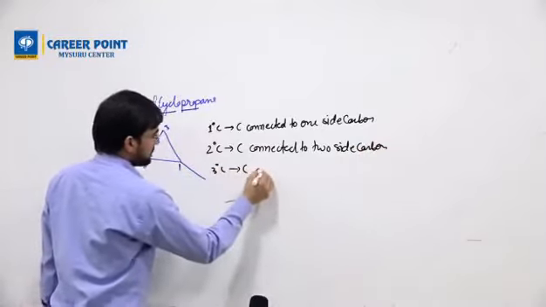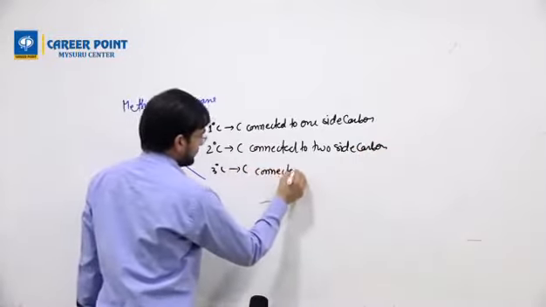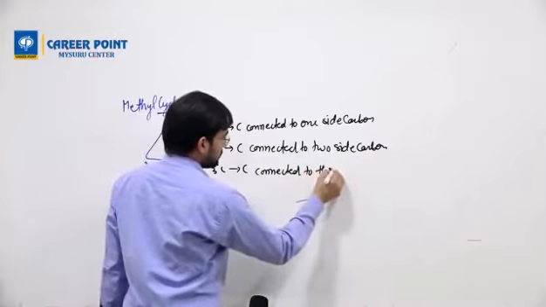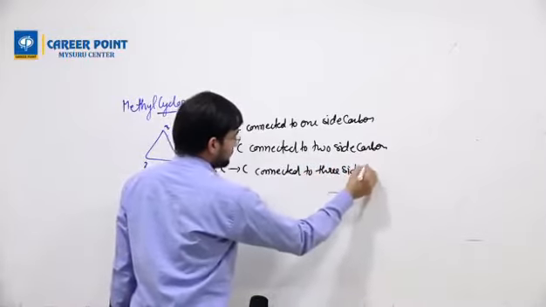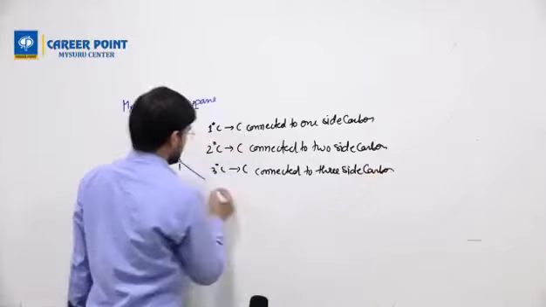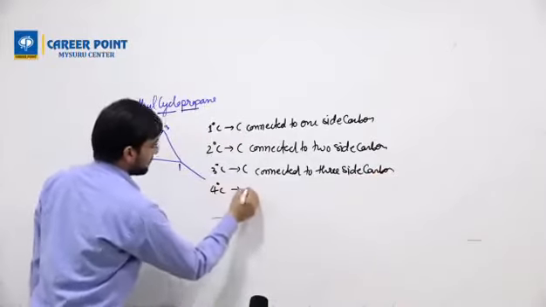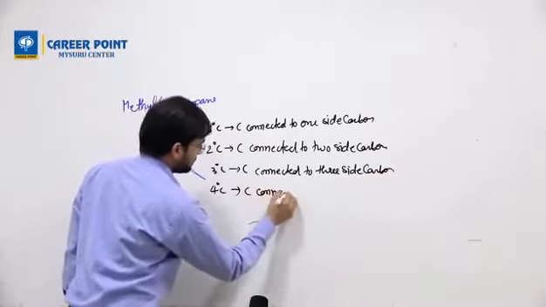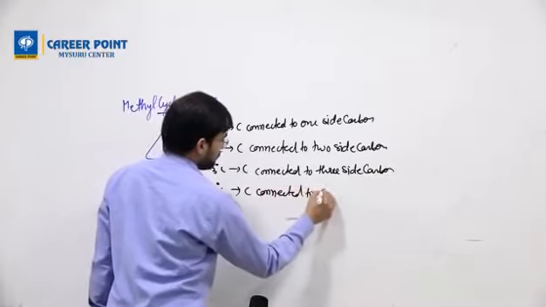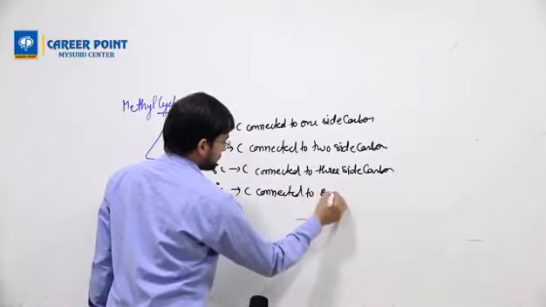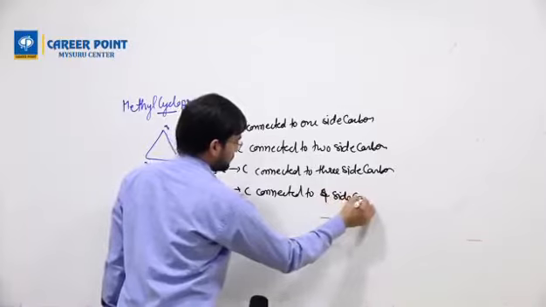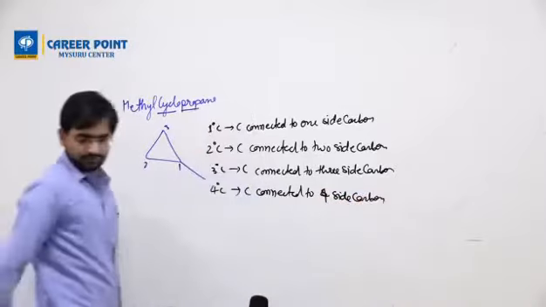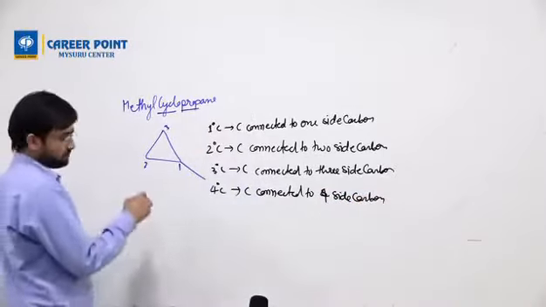Tertiary carbon means carbon connected to 3 side carbons. Quaternary carbon means carbon connected to 4 side carbons.